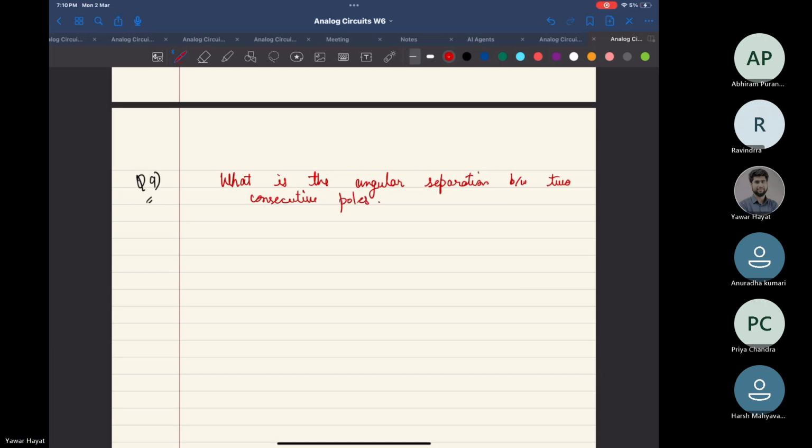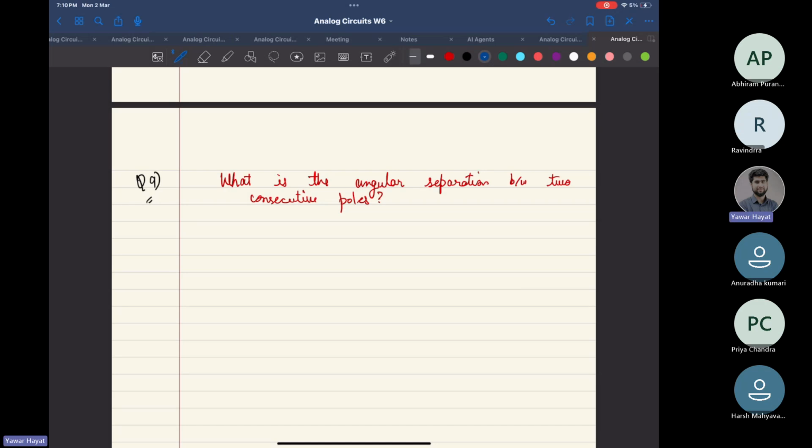How much is that? Pi by 13. It would be 2 pi by 2n, or 2 pi by the total number of poles. Let's take it in degrees.